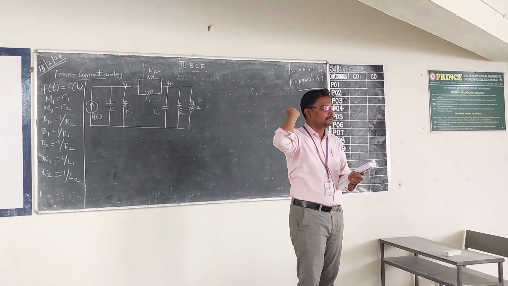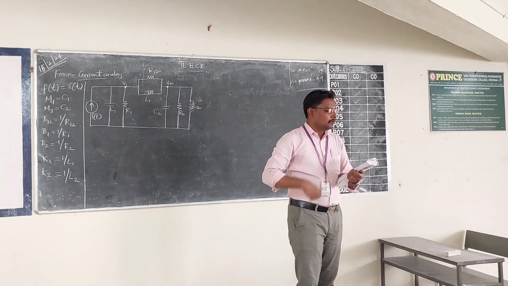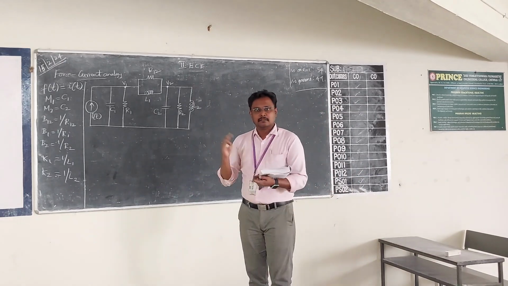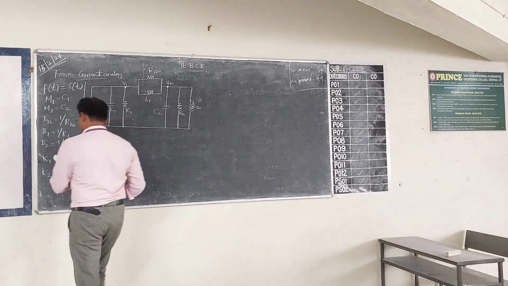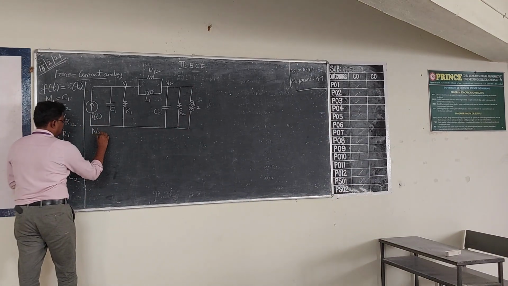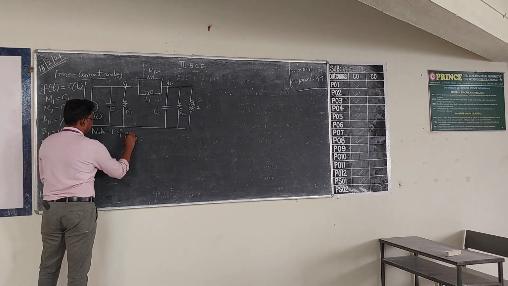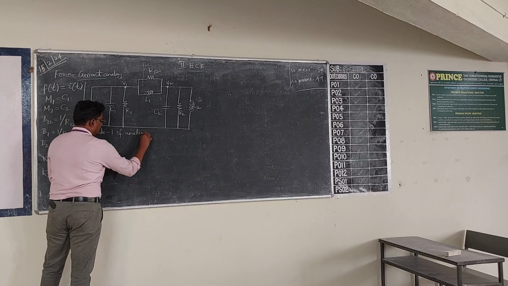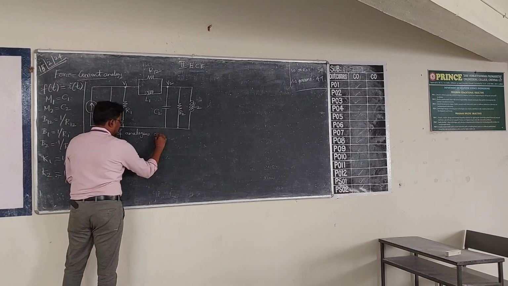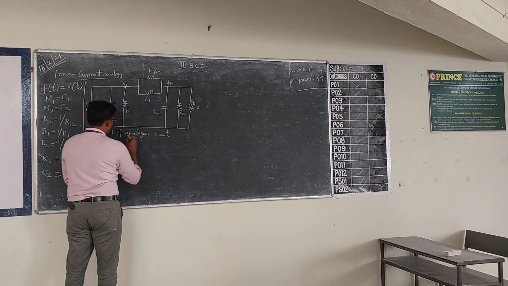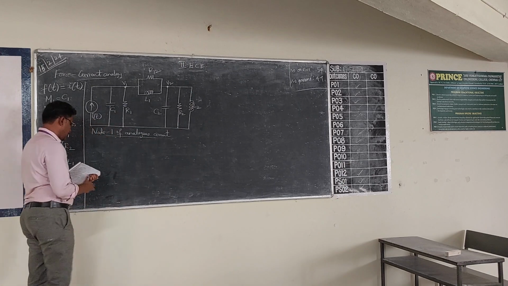Listen please, common to both the nodes. So draw this diagram separately. Write node 1 of analogous circuit.